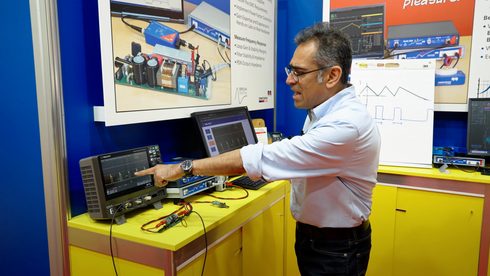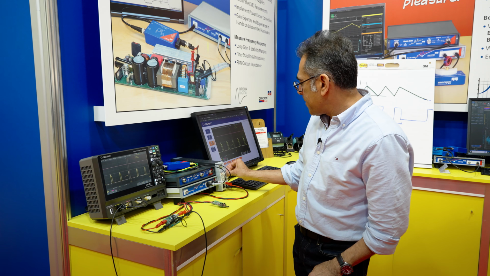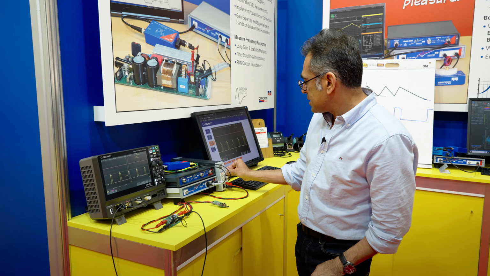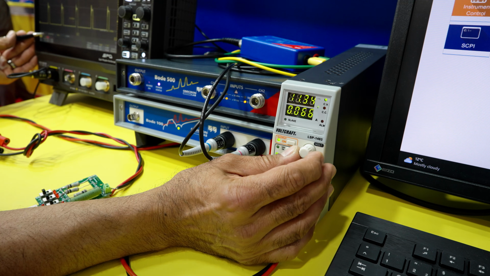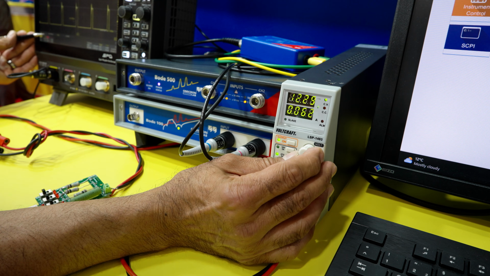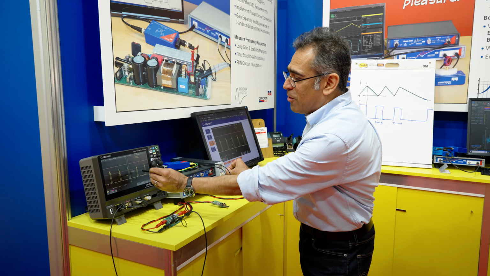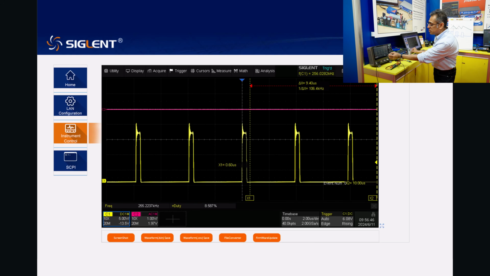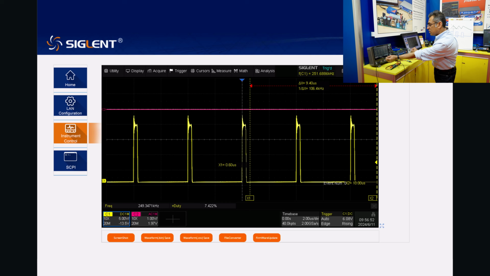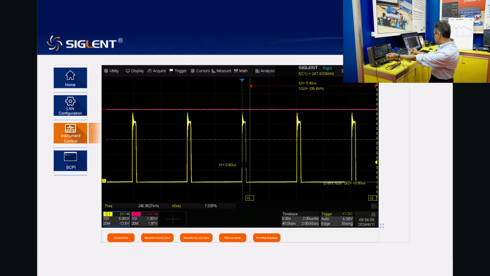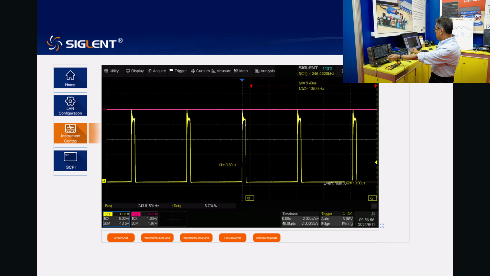Please have a look now at what happens as I increase: 10, 11, 12. You can clearly see the height of this is going up because I'm increasing the input voltage, but the switching frequency is 250 at 14 volts, 250 at 17 volts, 245, 250, 240 at 19 volts.